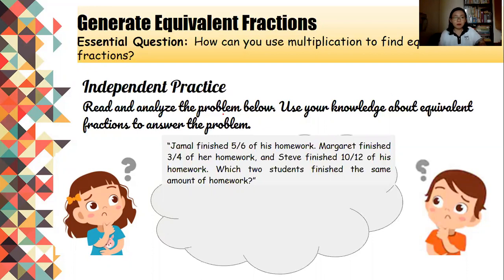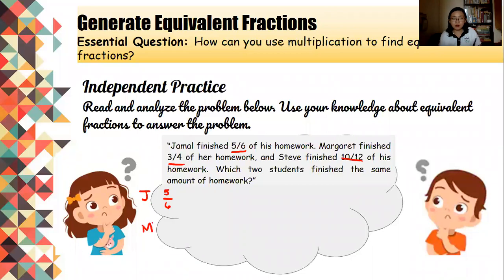In this problem, you will see there that all of the three fractions have different denominators. In this particular problem, we will be applying your knowledge of LCM. So we have the denominators, 5 over 6 with 6. This is for Jamal.